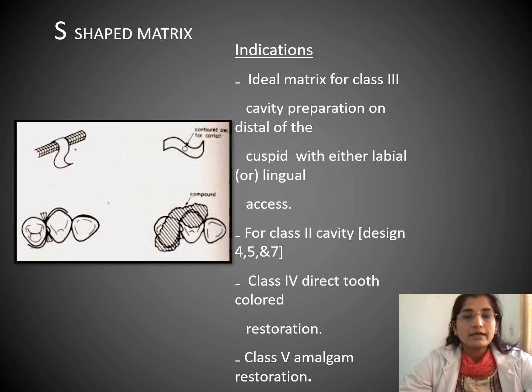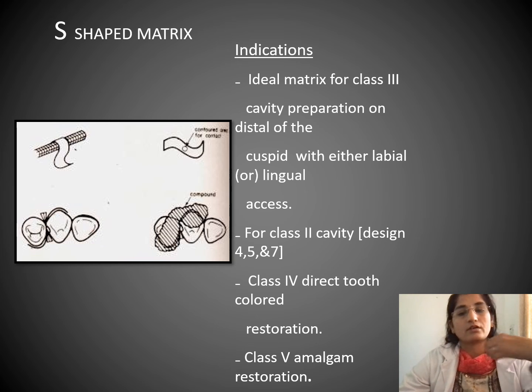Then the S-shaped matrix. Indications for this S-shaped matrix: it's an ideal matrix system for class 3 cavity preparation, where on the distal surface of the canine either a labial or lingual axis is present. For class 2 cavity, for class 4 direct tooth colored restoration, and class 5 amalgam restoration. So these are the indications for the S-shaped matrix.